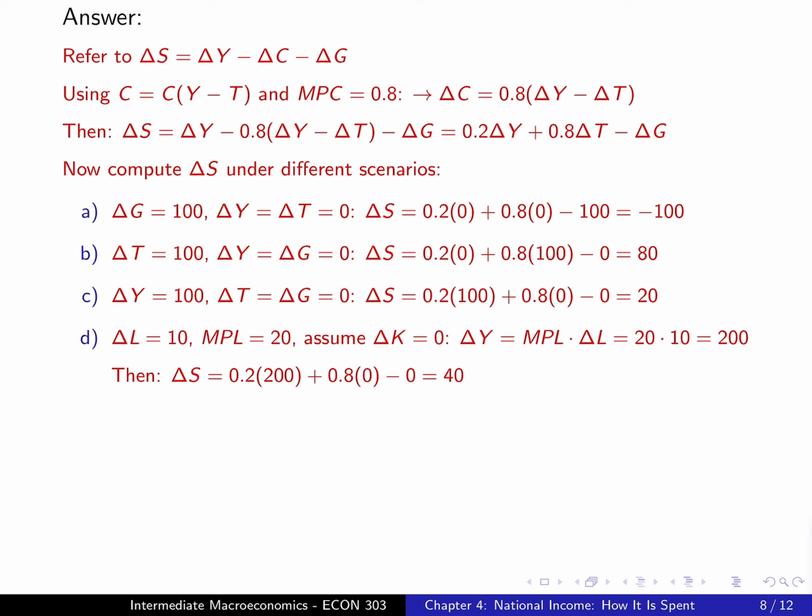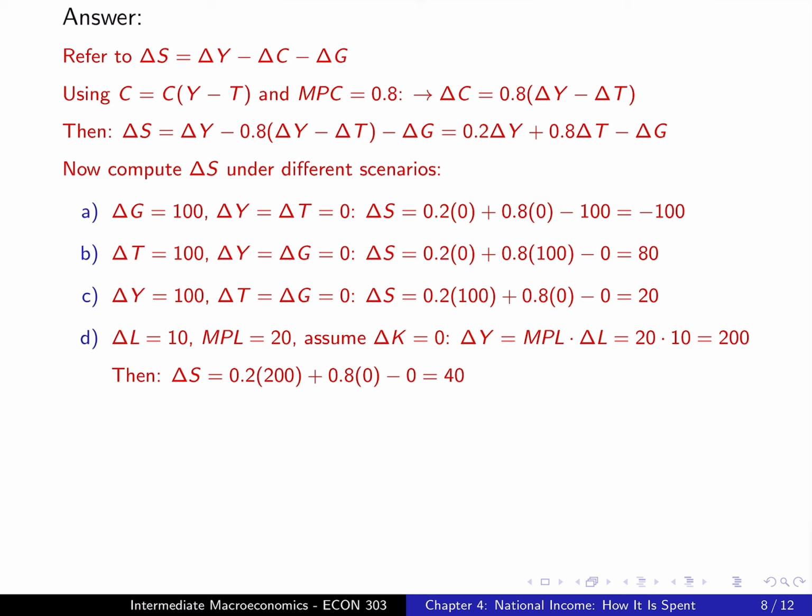Now compute delta S under different scenarios. A. Delta G equals 100, delta Y equals delta T equals 0. Then delta S equals 0.2 times 0 plus 0.8 times 0 minus 100 equals negative 100.